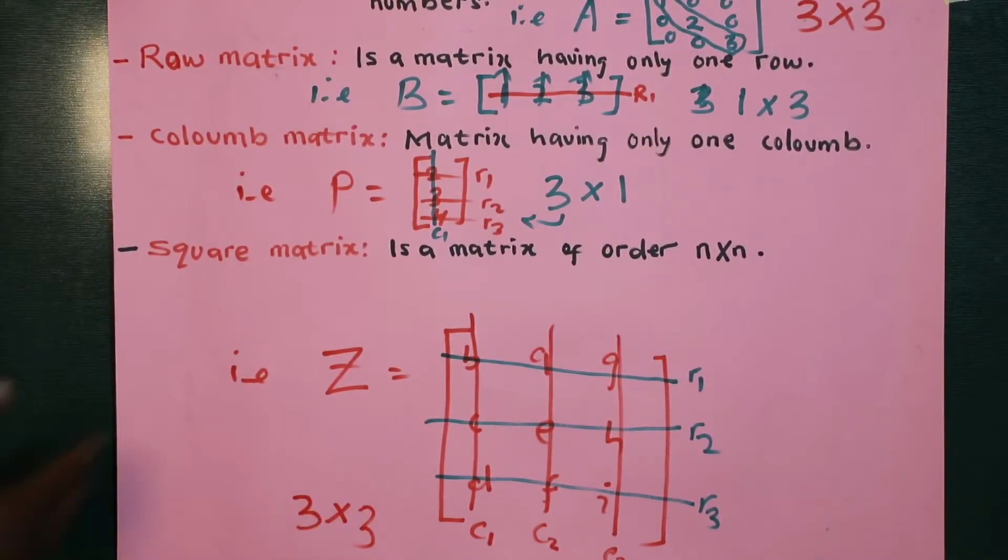This is what we call a square matrix, a matrix of order n by n.